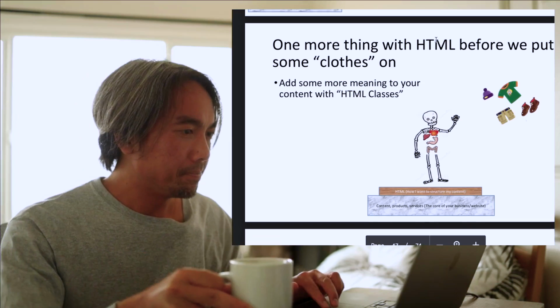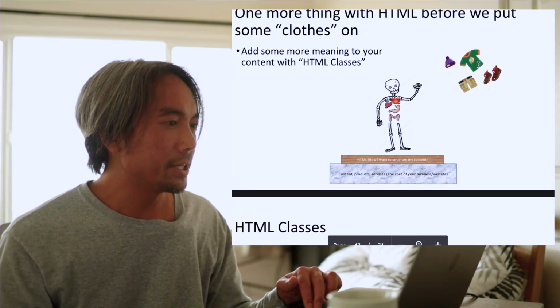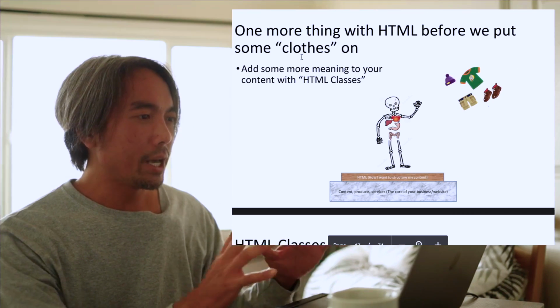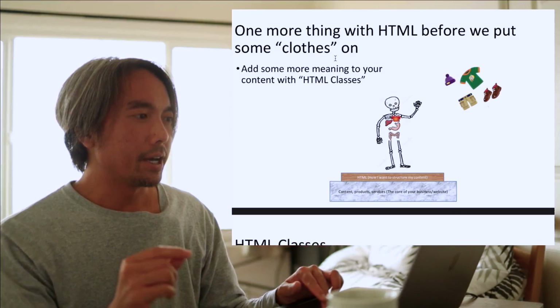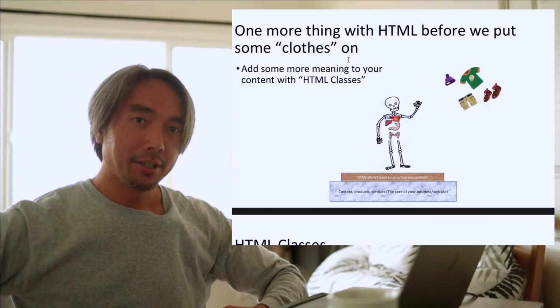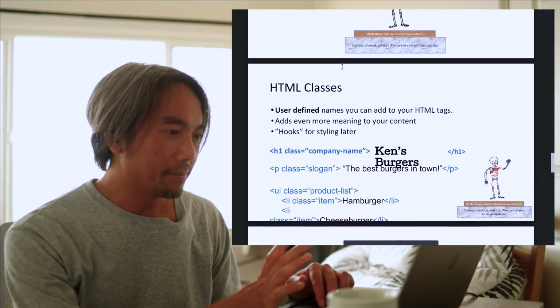Okay, after all that is said, we have some clothes here. Clothes are not on, but after we have our HTML, we want to put some clothes on for some styling. So how do we do that?